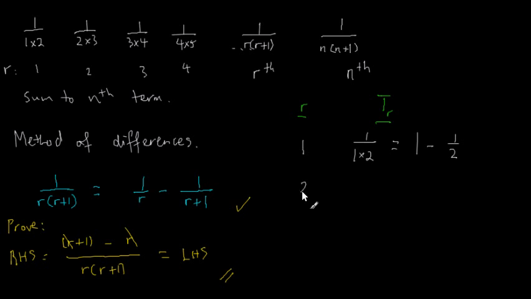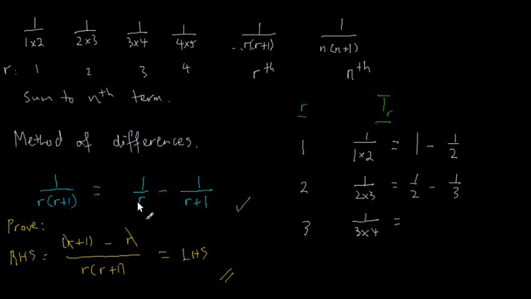Now when r is 2, I should get the second term, which is 1 over 2 times 3. If I substitute r equals 2 into here and here, I get 1 over 2 minus 1 over 2 plus 1, which is 1 over 3. And when r is 3, the third term is 1 over 3 times 4.